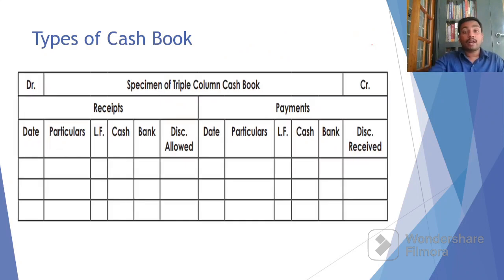Coming to the triple column cash book, we have three amount columns: the first for cash, the second for bank, and the third for discount. So there are three types of cash book: single column, double column and triple column.